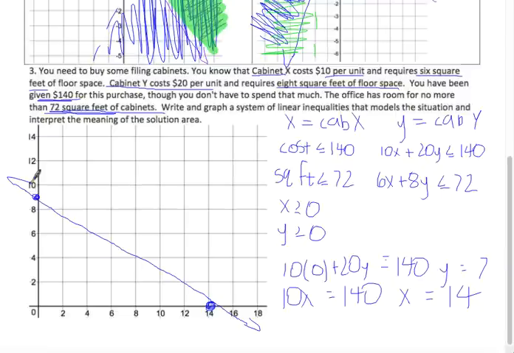And then for our 0, 0 test, we would get 0 times 10 plus 0 times 20 is less than 140. So we get that 0 is less than 140. So 0, 0 is shaded.